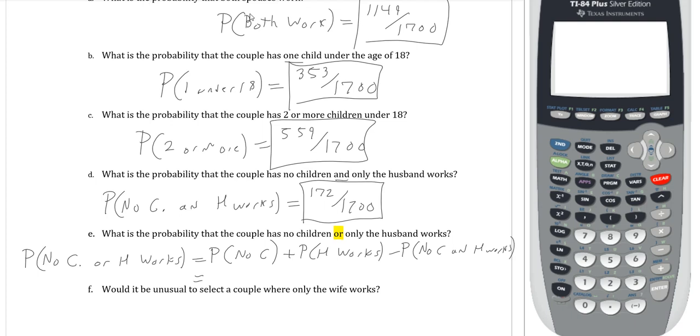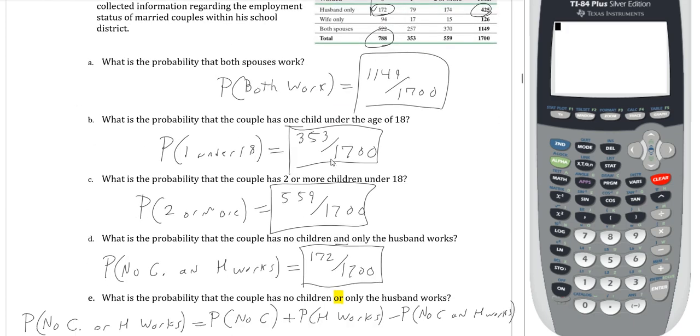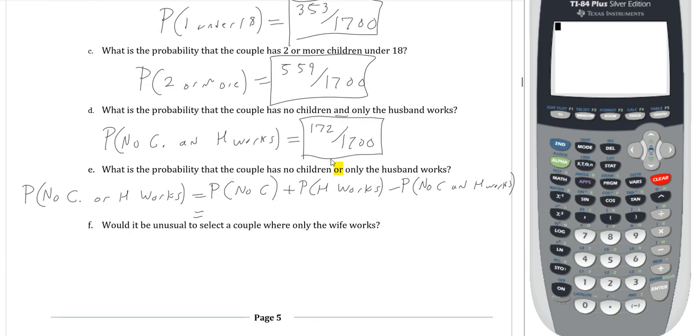Well, the probability of no children, we go back up to the table. We have no children to be 788 out of 1,700. And we have husbands working, we have 425. So 788 out of 1,700 and 425 out of 1,700. Then we need to find the probability of no children and the husband works.